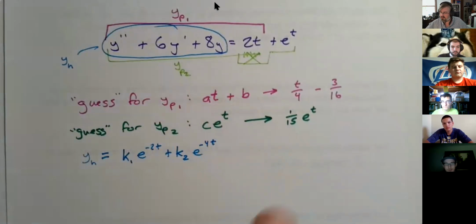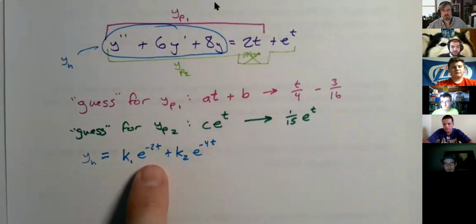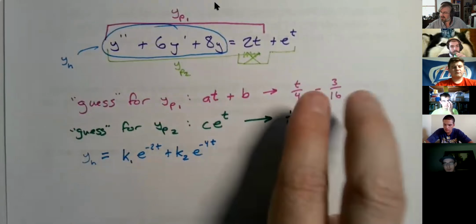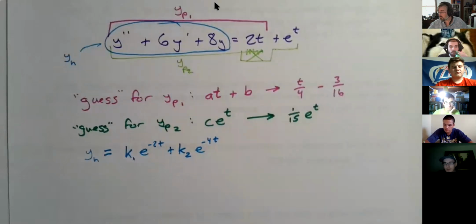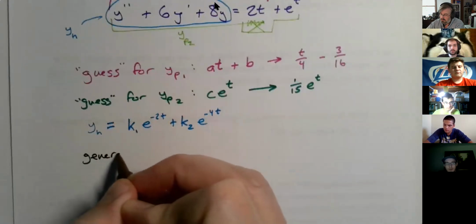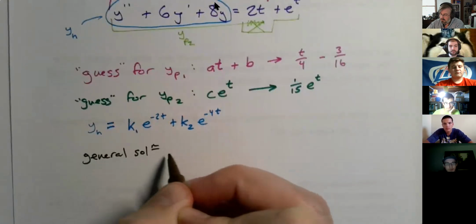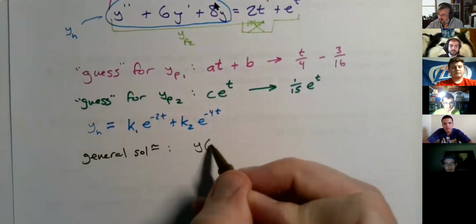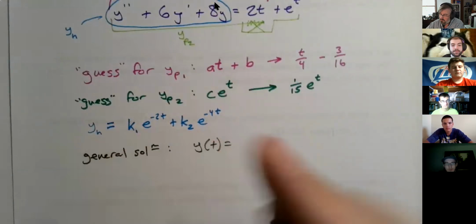So we have our homogeneous part of the solution, and we have our two parts of our particular solution. So we should be able to say the general solution is just the sum of all these. Y of t equals y sub h.